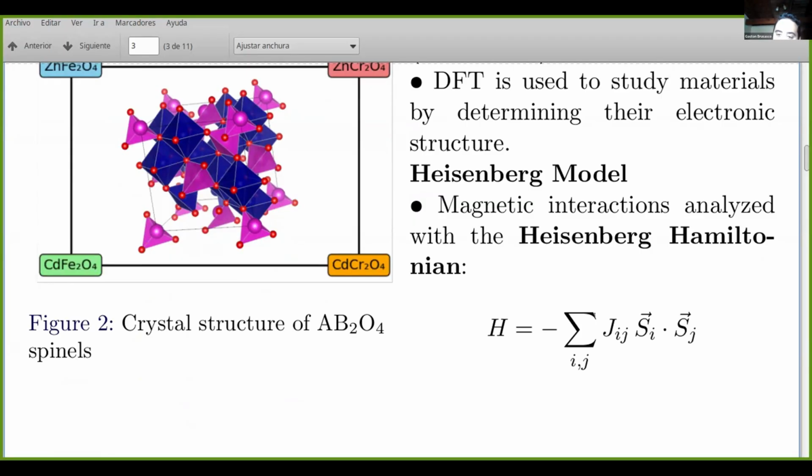Here, J is the coupling constant, and if J is positive, the magnetic interaction is ferromagnetic, and if J is negative, the magnetic interaction is antiferromagnetic.